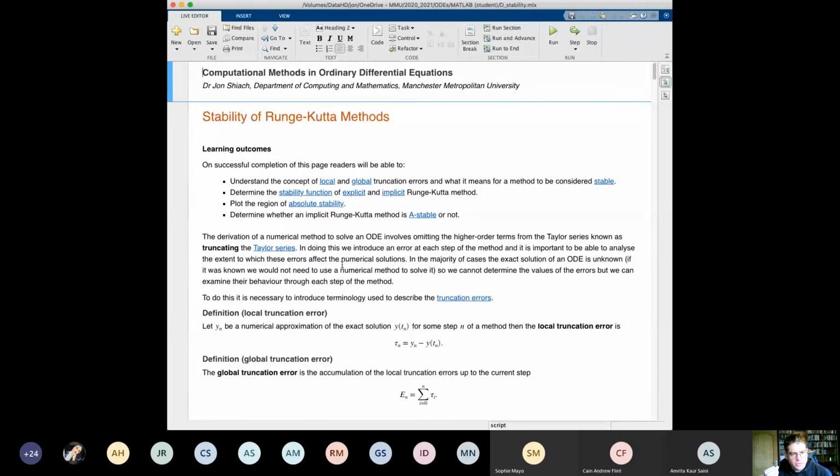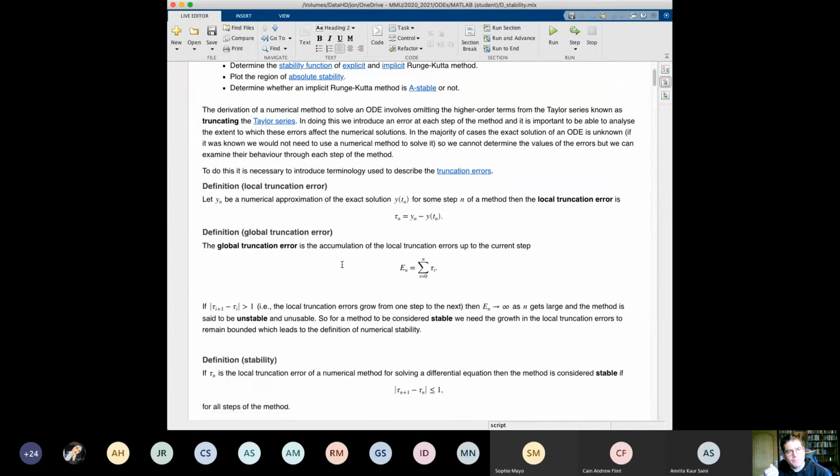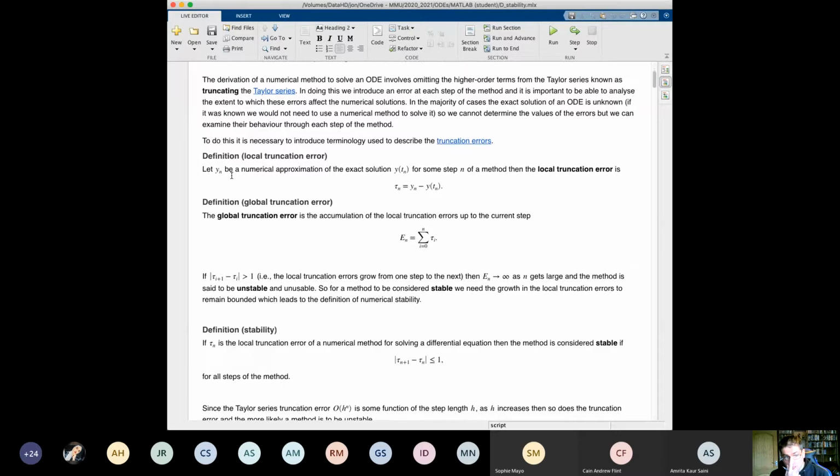The errors it introduces, we're going to formally define them here. A local truncation error, known as tau, is essentially the error from one step to the next. If you are using single step methods, we've got the current solution, we go forward a step to calculate the next solution.